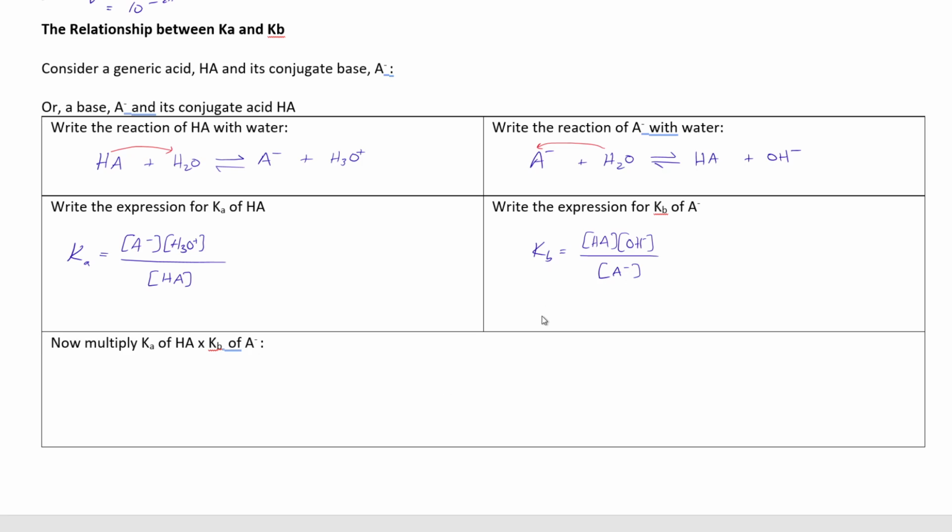So what I'll do now is I will multiply the Ka of the acid times the Kb of the conjugate base.